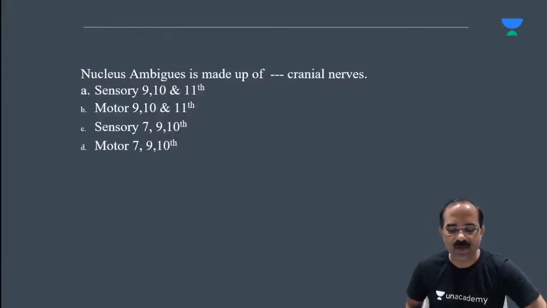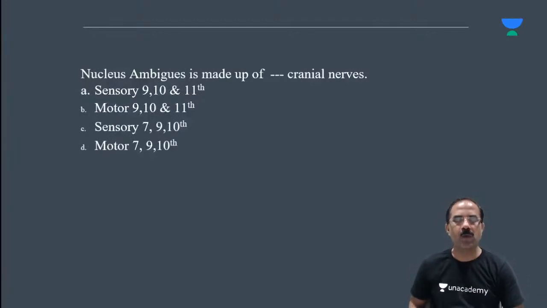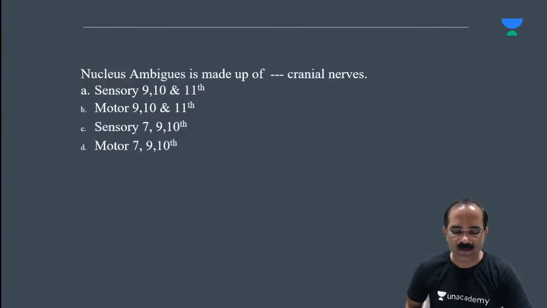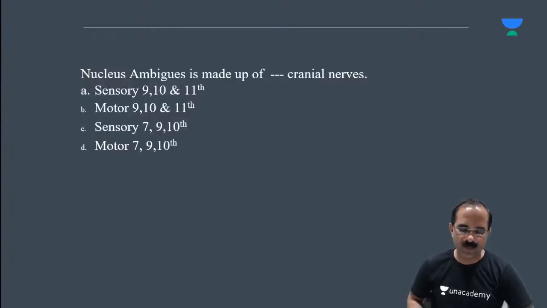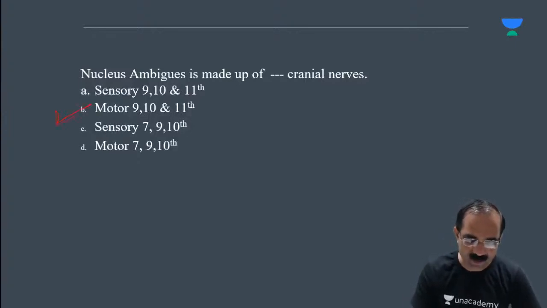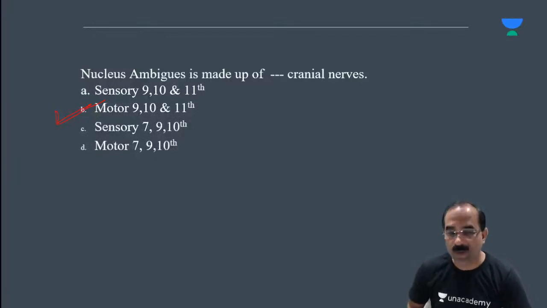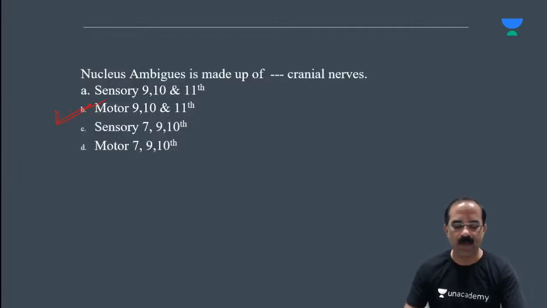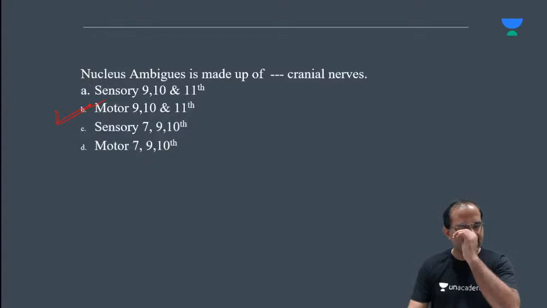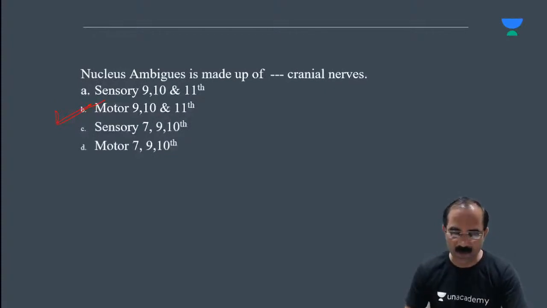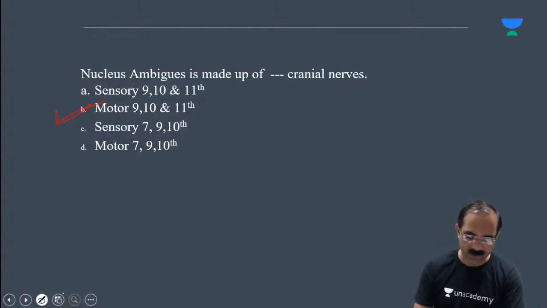Which are those 3? Come on, students, you can crack this MCQ. 9th, 10th and 11th. Yes, that's motor. 9th, 10th and cranial accessory. That's nucleus ambiguus. Very good, Aisha. That's the 9th, 10th and 11th, the cranial accessory nerve.